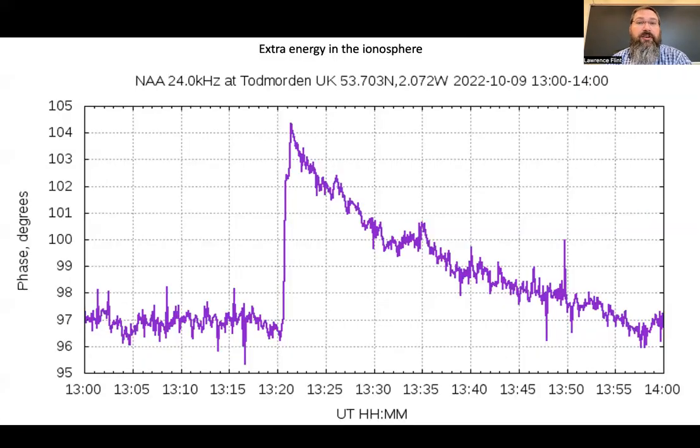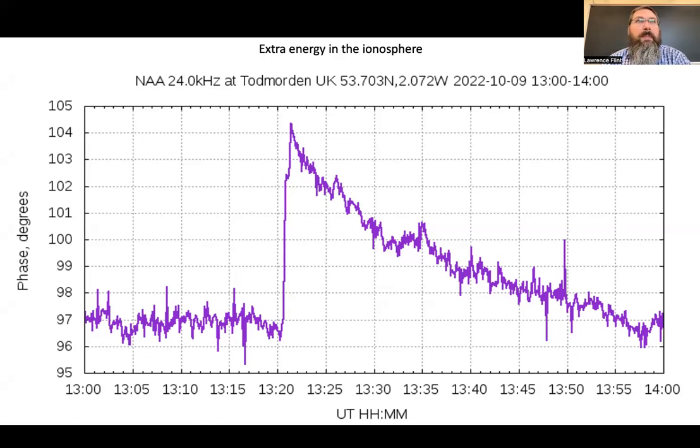Anyway, those kinds of events cause ionization in the atmosphere. Here you can see on the y-axis a phase, and don't worry about what that means, but you have these purple jagged lines going up and down at about the value of 97. Then right there at 1:20 universal time, there's this massive increase in ionization of the ionosphere of the Earth, and that energy decays.